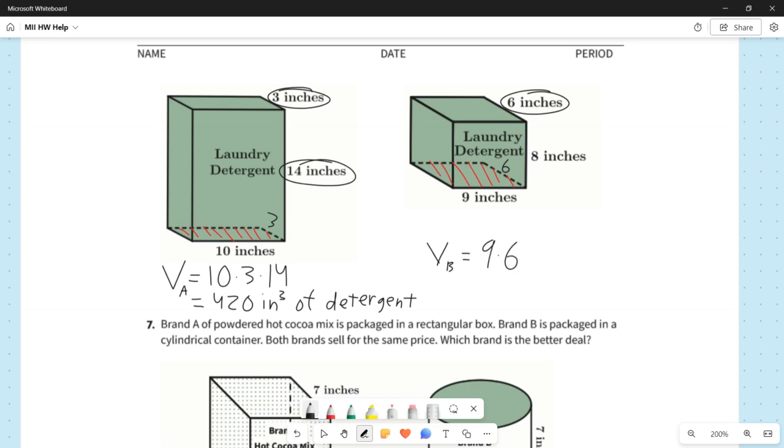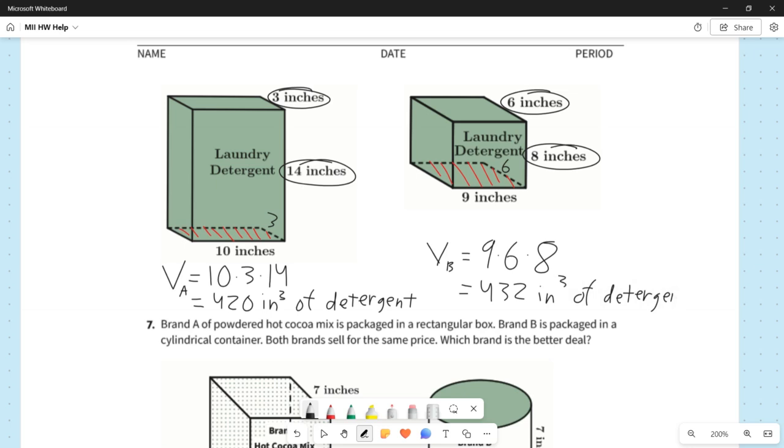And then I want to multiply by the height of the figure, which is the distance between the bases, which in this case is 8. So I take 9 times 6, which is 54, and multiply by 8. So 9 times 6 times 8 is 432 cubic inches of detergent.